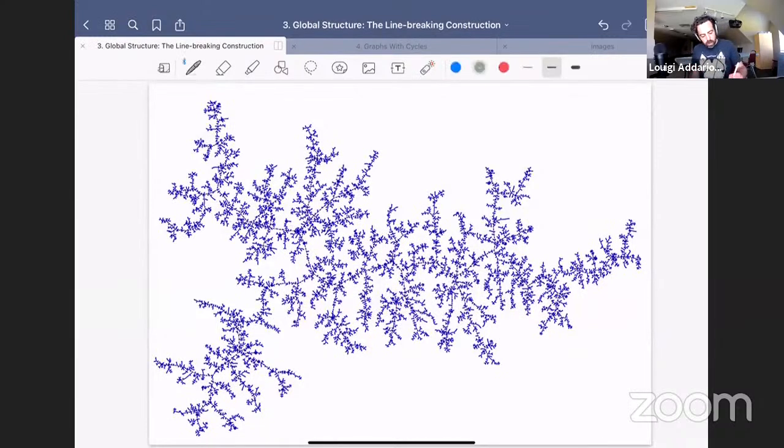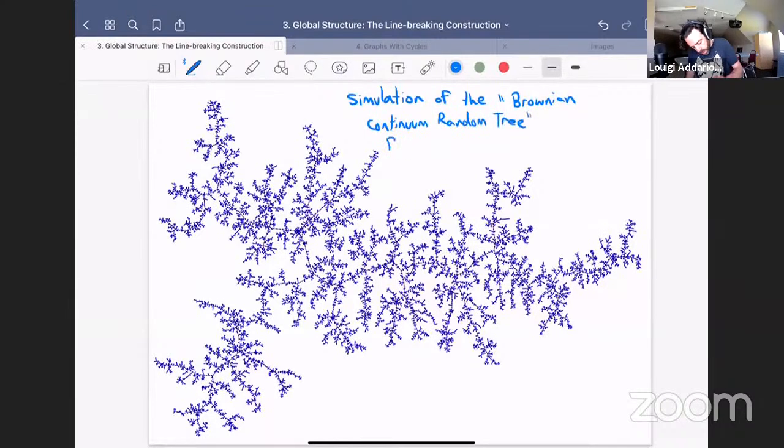This is a simulation by Igor Kortchemski, and for those who haven't seen this sort of picture before, it definitely deserves to be shown at this point. This is a simulation of the limit, which is called the Brownian continuum random tree.